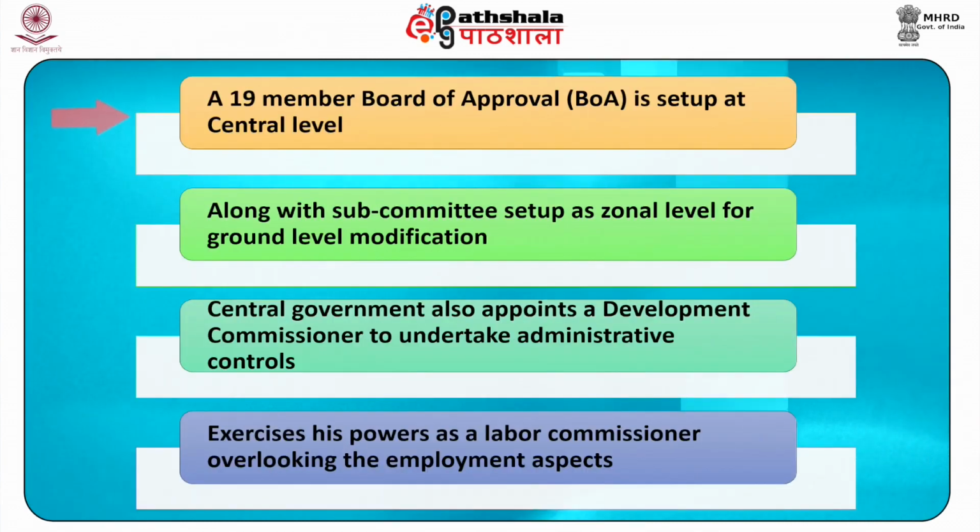A 19-member board of approval is set up at the central level along with a subcommittee set up at the zonal level for ground level modification. The central government also appoints a development commissioner to undertake the administrative controls, who also exercises powers as a labor commissioner overlooking the employment aspects.